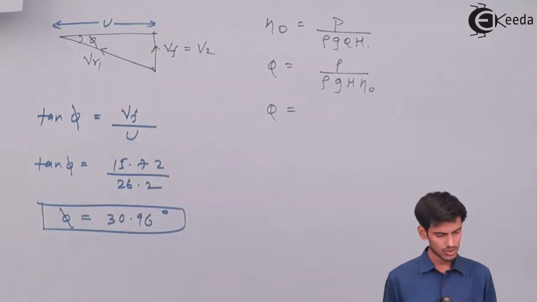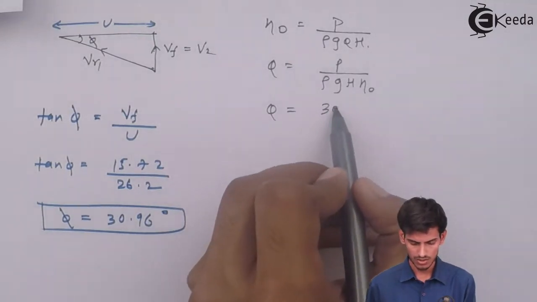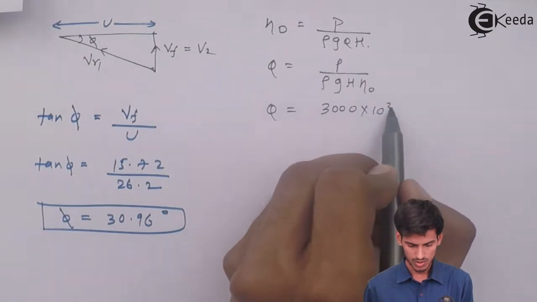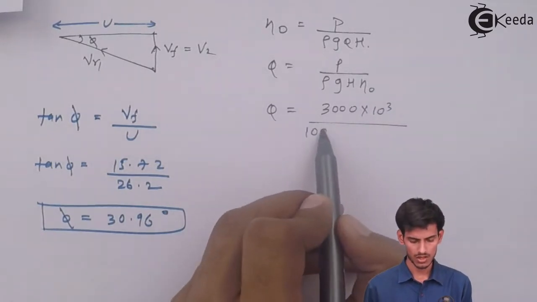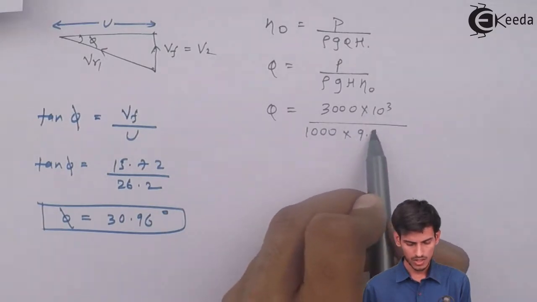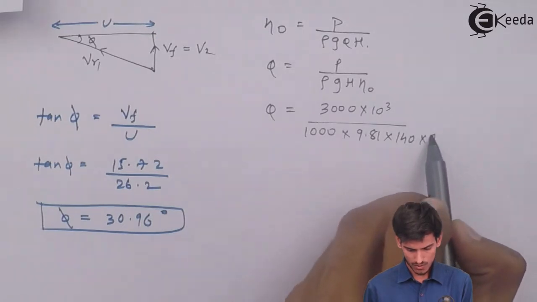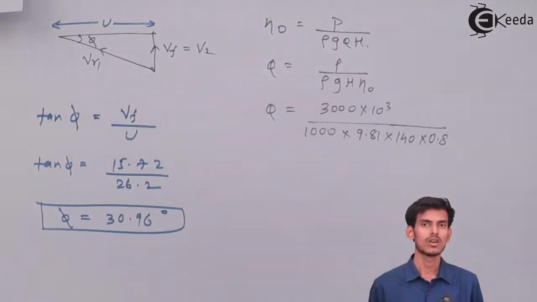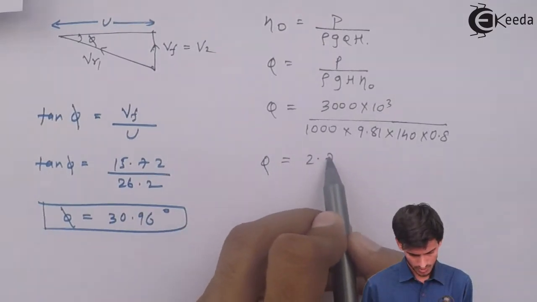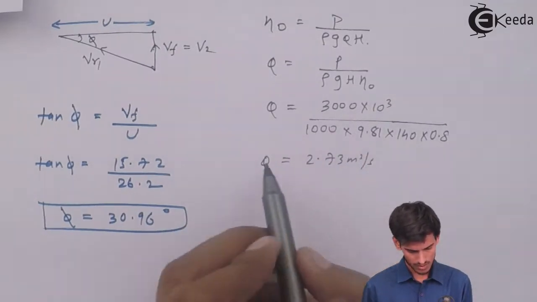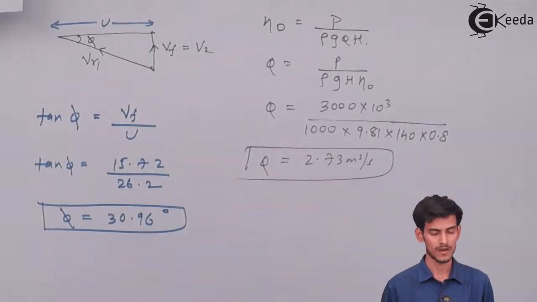The question has also given the power developed, which is 3000 kilowatt, which is 3000 into 10 raised to 3. Rho is for water, so it is 1000. g is 9.81. The head given is 140, and the overall efficiency given is 0.8. Once you calculate all these values, the discharge comes out to 2.73 meter cube per second.